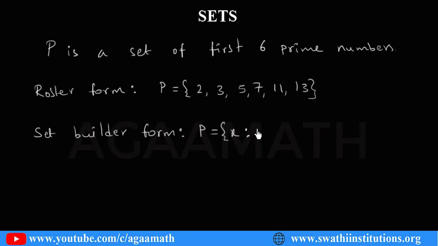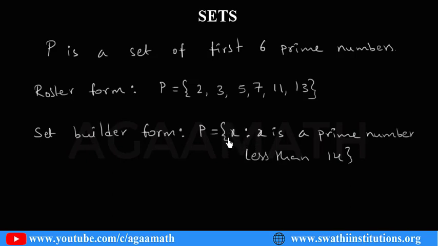So what we do is: x is a prime number less than 14. So x such that x is a prime number less than 14.